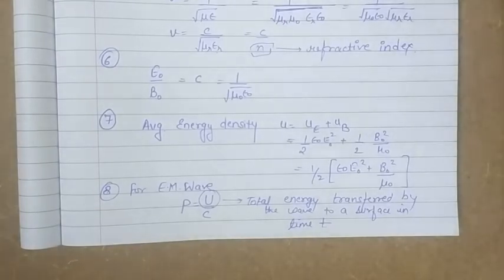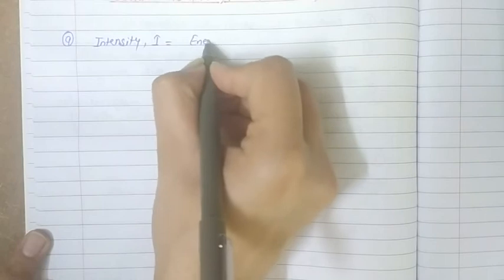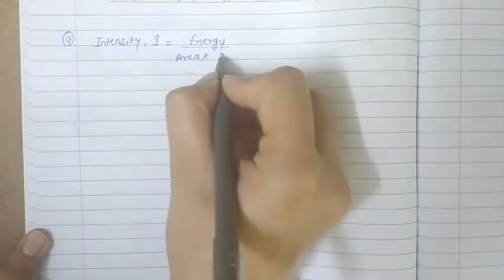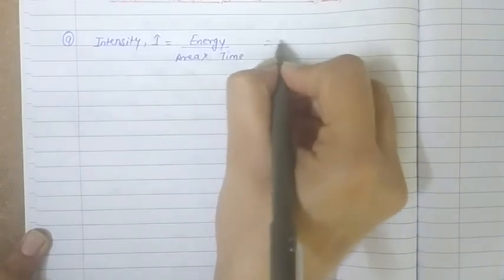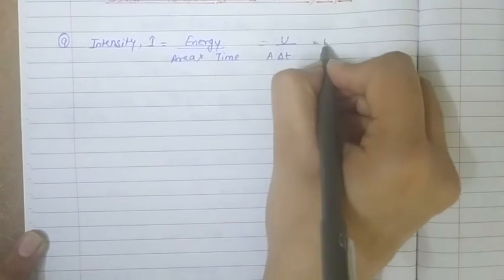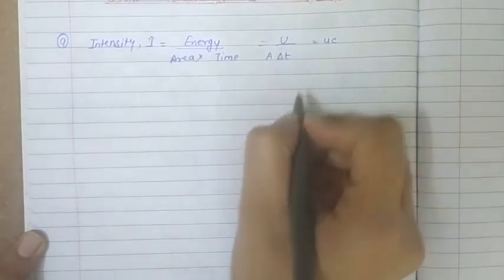Next point is the intensity of an electromagnetic wave. Intensity of electromagnetic wave is given as energy per unit area per unit time, and it is equal to U upon A delta t, and if we solve it we get u into c, that is energy density into speed of light.